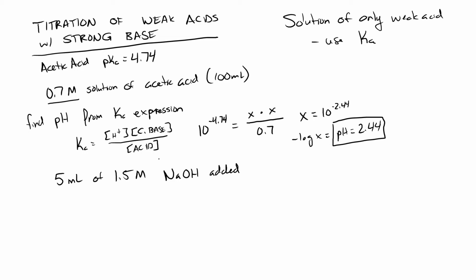And immediately what we're doing is we're adding base to a solution of acid. Now we've got base and acid, right? So a solution of only weak acid, we use Ka. Once we have weak acid plus strong base, now we have to use an ice table and the Henderson-Hasselbalch equation.